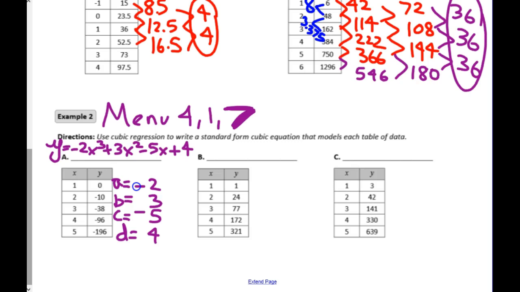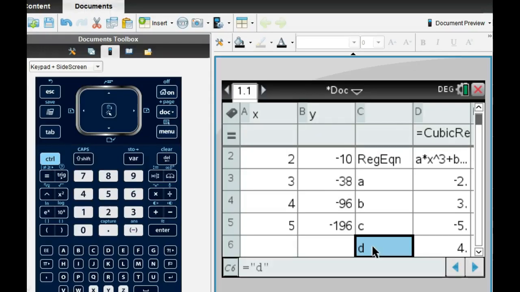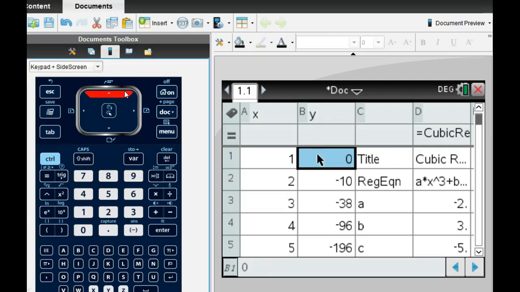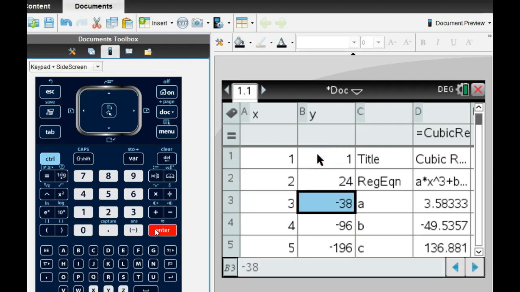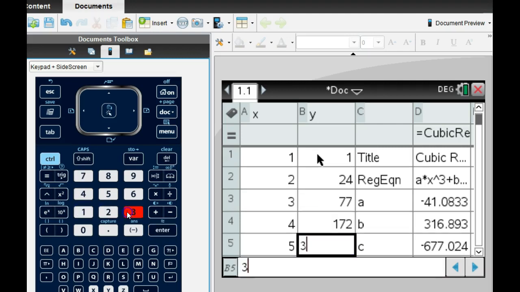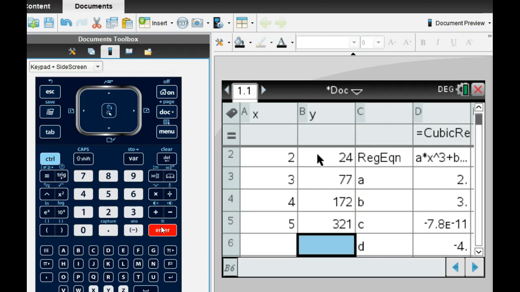Now, can we do that 2 more times? Let me tell you, before you start clearing it out, you can actually reuse the same screen. Look right here. If you just go up to, on the right side, the y values, see where it says 0? Just start typing the new ones. 1, 24, 77, 172, 321. That only works if the left numbers are the same, right? And they are in this case. So what's A, B, and C?